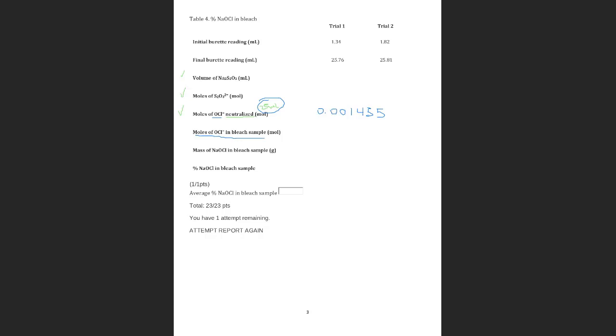So all we have to do is 4 times 0.001455, because the whole amount of sample is contained in 100 mLs, and my value for trial 1 is 0.00582.